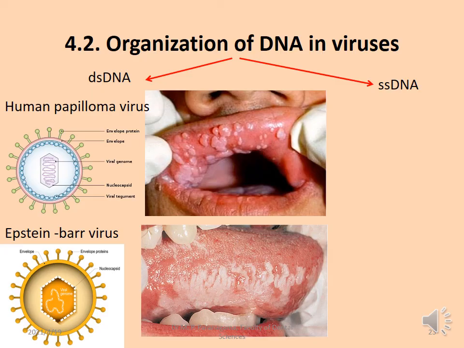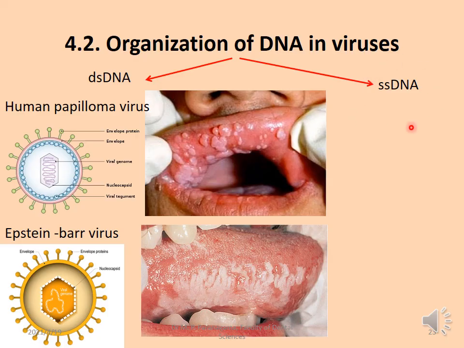When we look at the organization of DNA in DNA viruses, we can identify two types of organization. In some viruses, the DNA molecules are organized into double-stranded molecules, and in certain other viruses, the DNA is organized into single-stranded molecules.